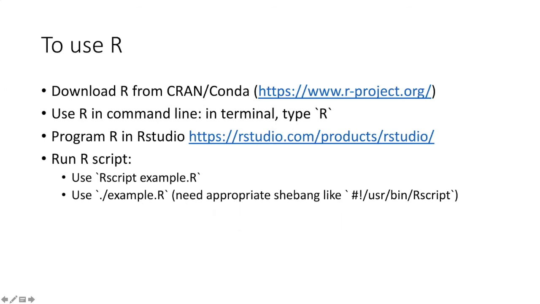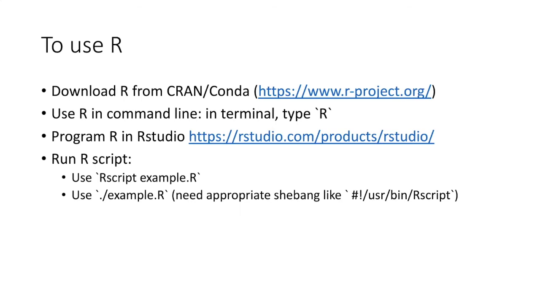So if you have R already in your system, you can use R in the command line. In the terminal, just type R. It'll pop up the R console, and then within the R console, you can just do R stuff, like type R commands, just like when you type bash commands in the bash terminal, all right? And most importantly, I think commonly people will use RStudio to program in R. It's an integrated development environment, or IDE. It includes a console. It includes a syntax highlighting editor that supports direct code execution.